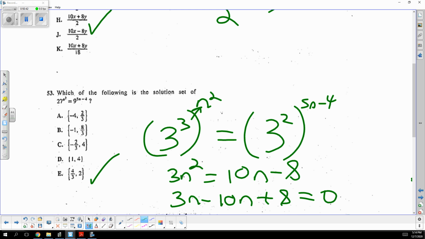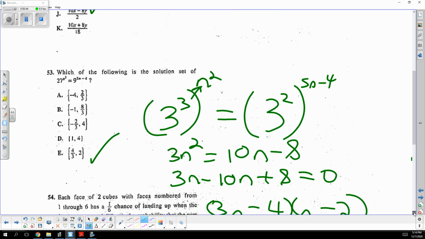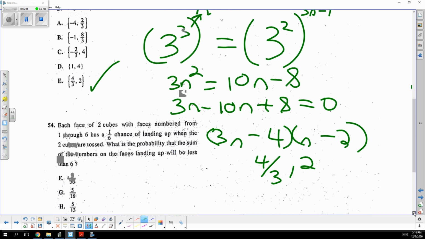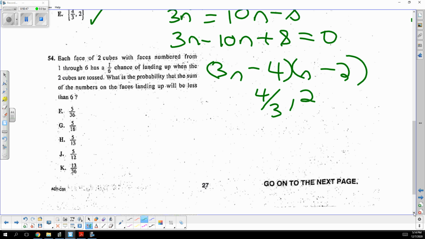All right. Rolling dice is a fun game. The numbers are going to be 2 dice a toss. What are the chances it'll be less than 6?